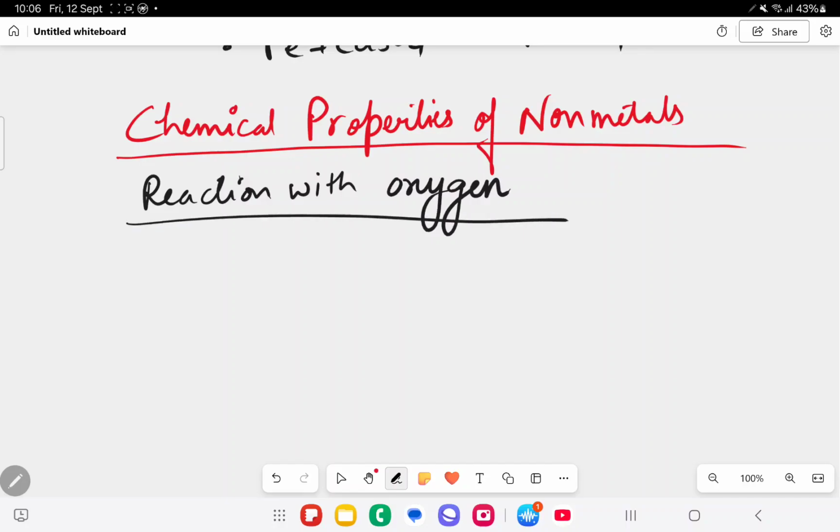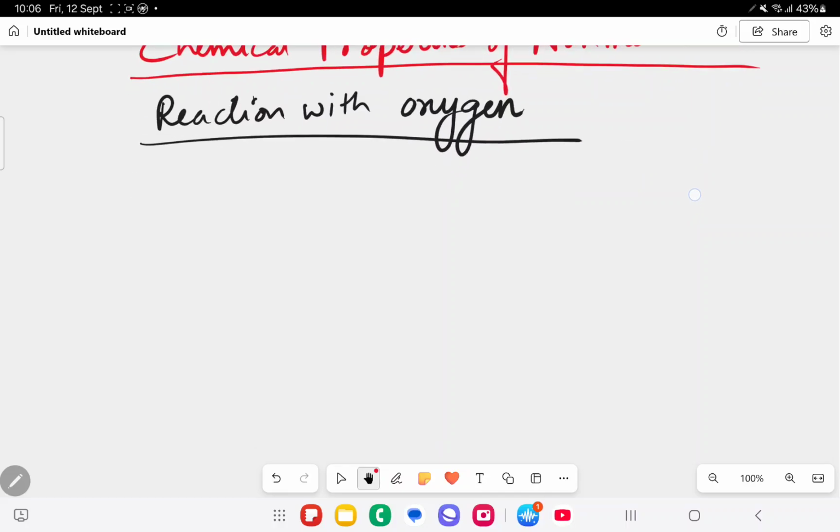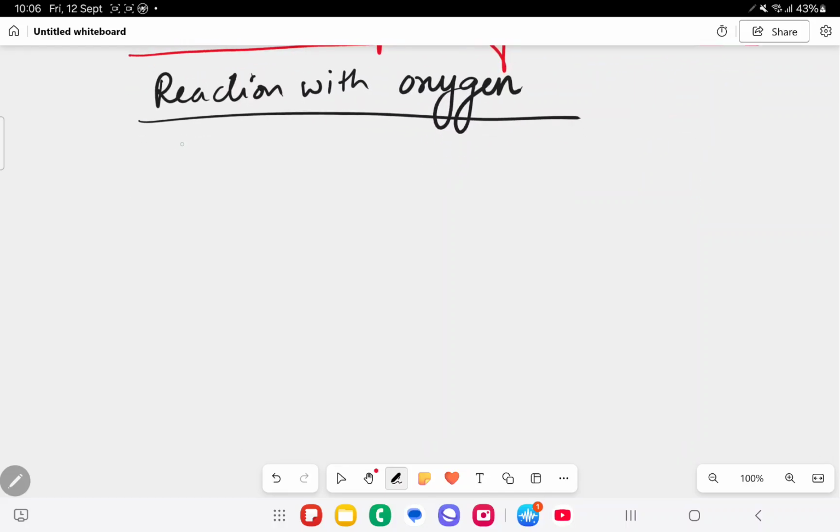Non-metals generally form acidic oxides. They form acidic oxides.